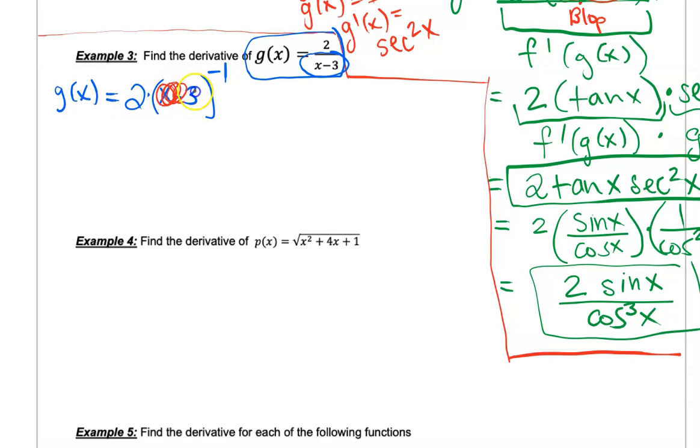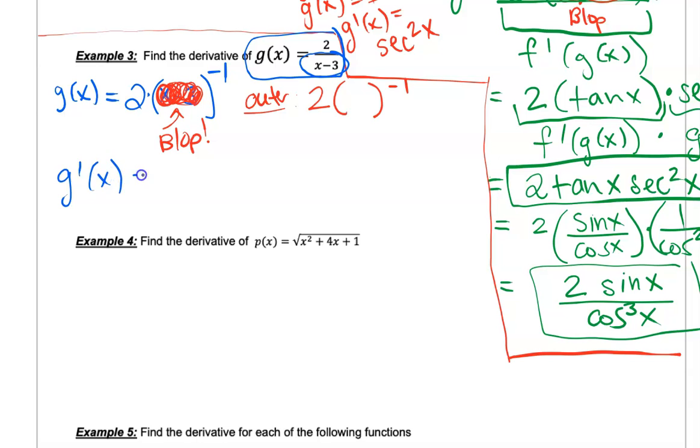And I want you to think of this inside part, the x minus 3, as just like a blob. So the outer layer to this function is basically 2 times something to the negative 1 power. So that's the outer layer, so I would take the derivative of that first.